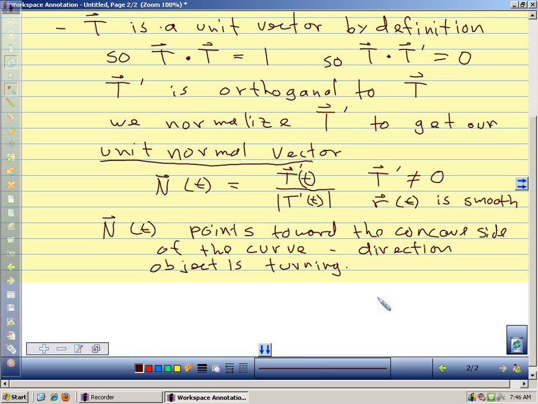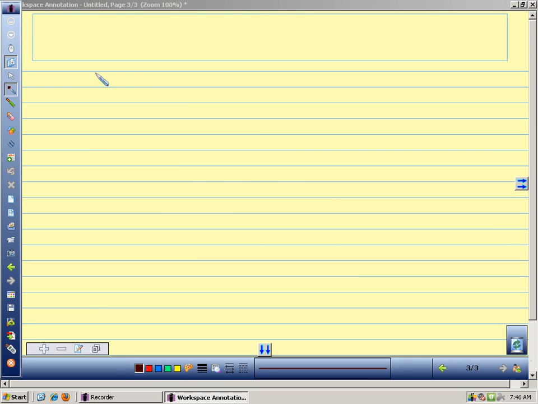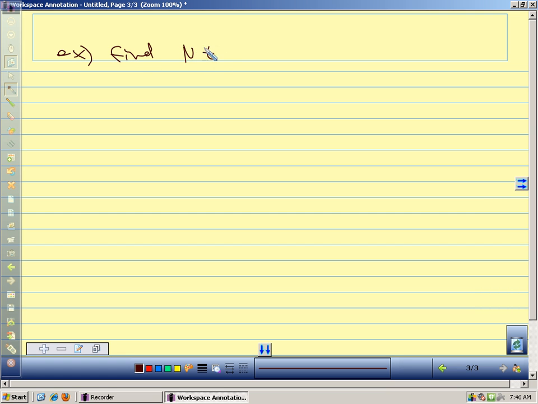Okay. Let's look at an example calculation. We want to find our unit normal vector at t equals 2 for r of t equals t i plus 1/2 t squared j.